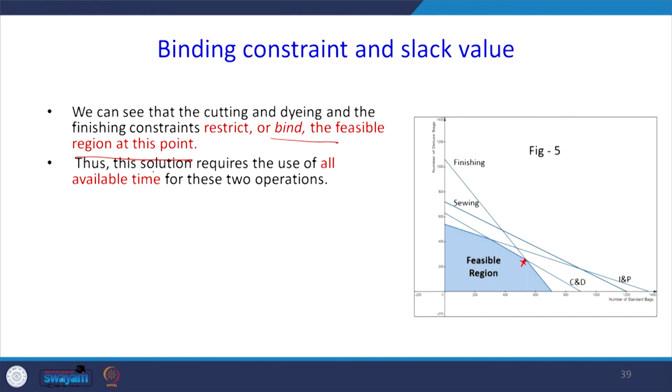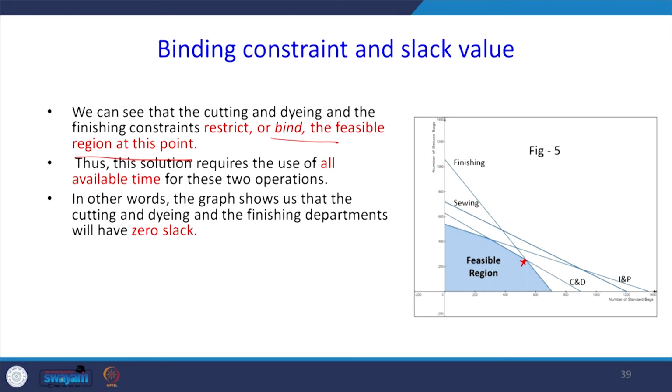Thus, this solution requires the use of all available time for these two operations. What are they? Finishing and cutting and dyeing. In other words, the graph shows us that the cutting and dyeing and the finishing departments will have 0 slack. For any constraint, if it has 0 slack, that constraint is called a binding constraint.